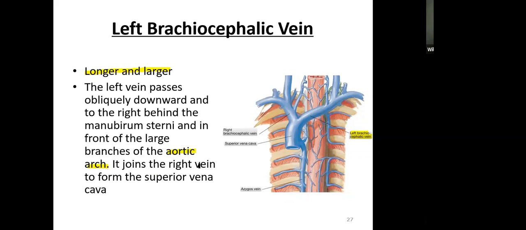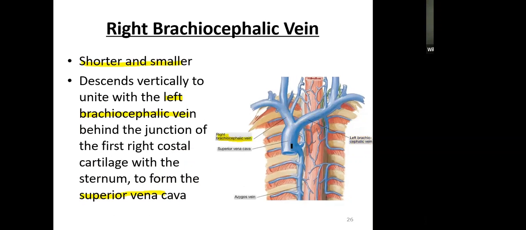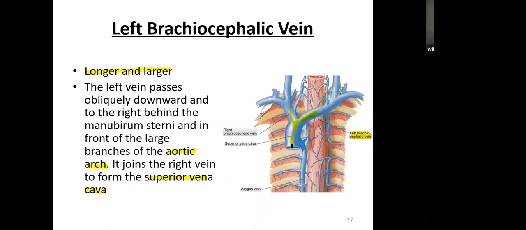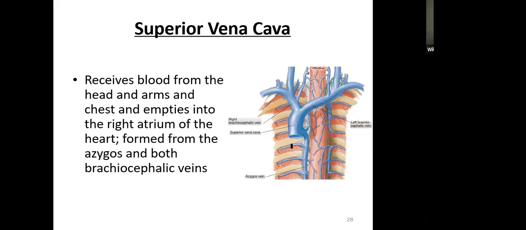And it joins the right vein to form the superior vena cava. So ultimately, both the left and the right unite to form our SVC, come down to form our SVC. So just remember, shorter and smaller on the right, descends vertically, longer and larger on the left.